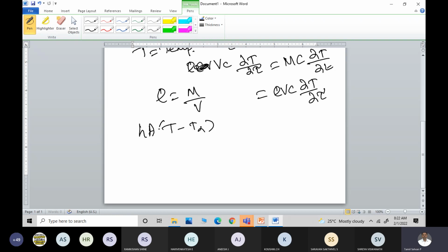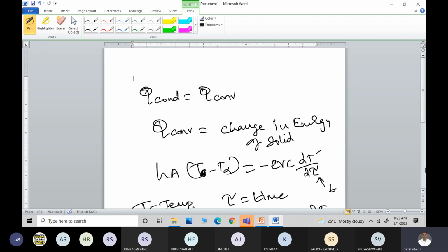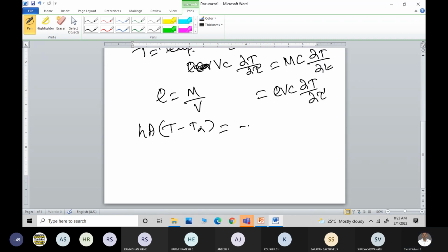Kindly bear with me because I am writing on a smooth surface. So hA into (T minus T infinity) is equal to minus rho V C into dT divided by d tau.